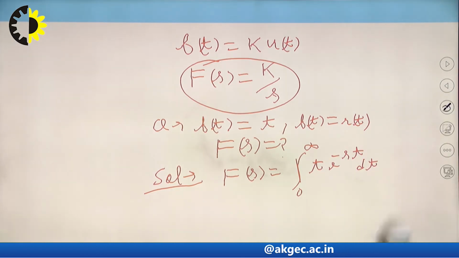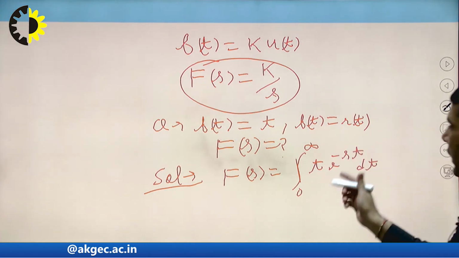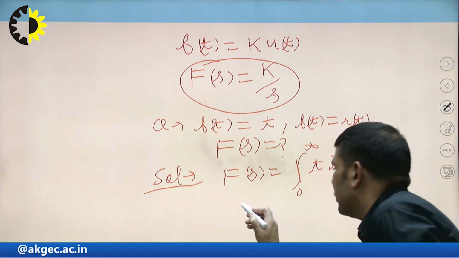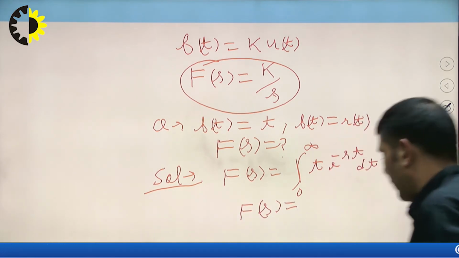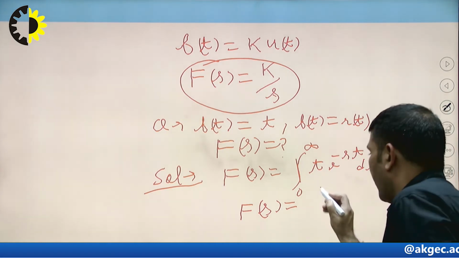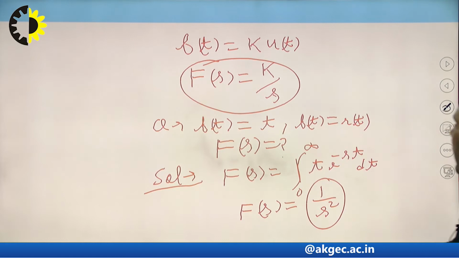If you solve it with the help of the integration by parts formula, which I will discuss in the coming slides, it comes out to be Fs is equal to 1 upon s square.